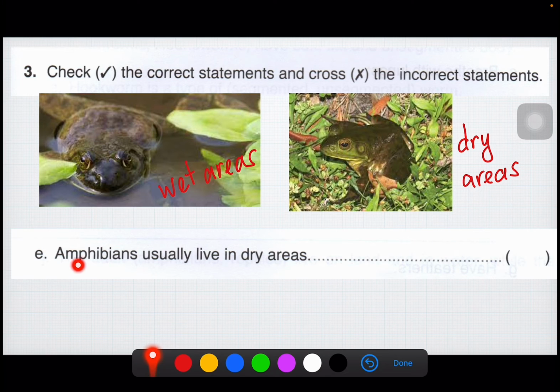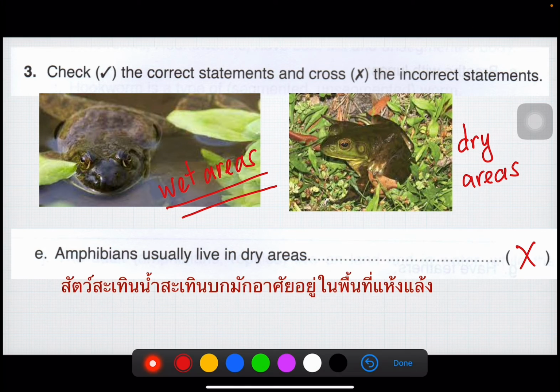So, amphibians usually live in dry areas. No, this is incorrect because they live also in wet areas. Let's read it again in its positive version.